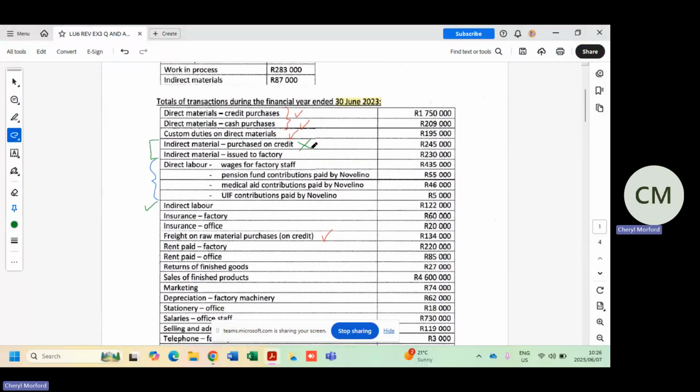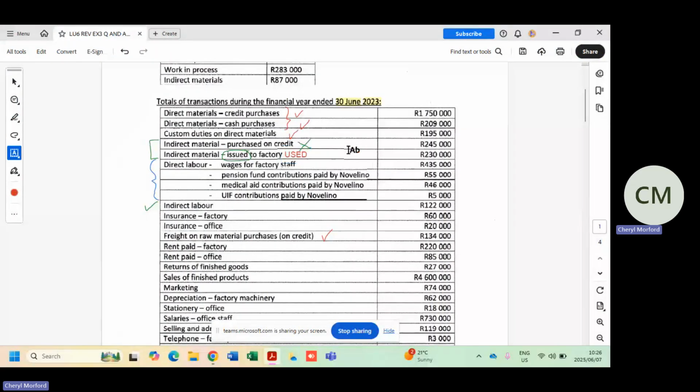However, in the general ledger account, you would obviously have to put that there. So this next one says issued to the factory. Now, what does that mean? Yes, you know, if it's issued to the factory, it means it's used. And if it's used, then it's a part of the cost.